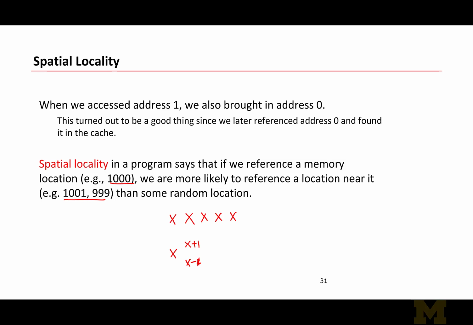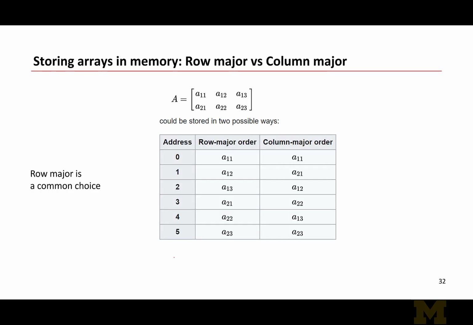And the chances of accessing X plus 1 or X minus 1 is higher than the chances of accessing X plus 2 and X minus 2. And the chances of accessing X plus 2 and X minus 2 is higher than accessing X plus 3 and X minus 3. So the probability of accessing an address in future depends on how close that address is to a given address X.